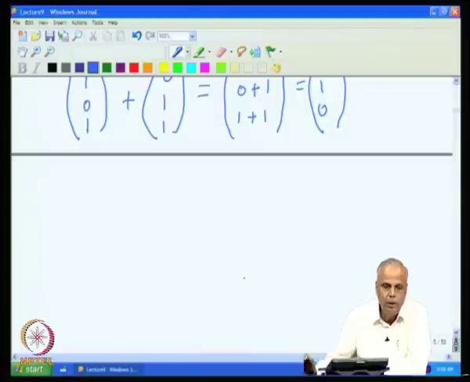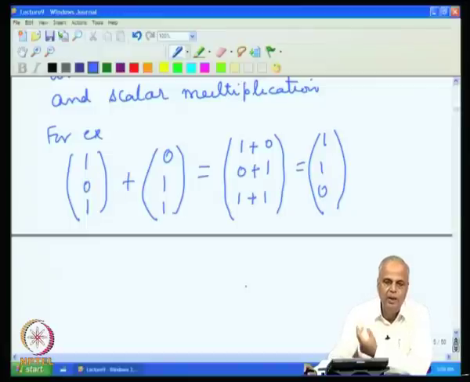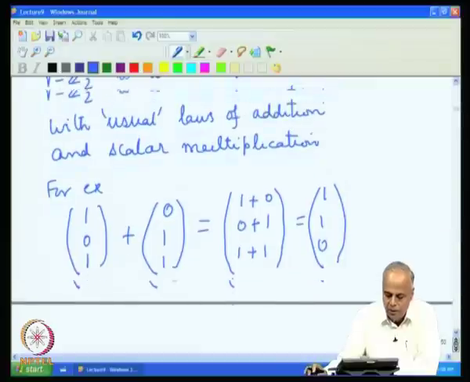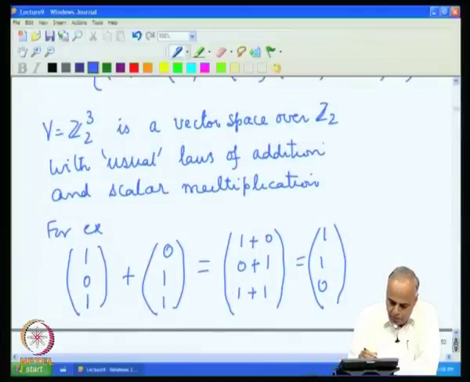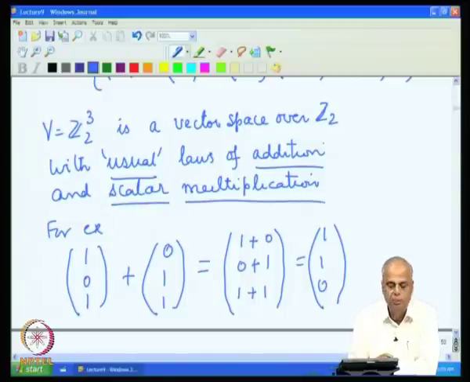Similarly, there are only two scalar multiplications possible, either multiplication by 0 or multiplication by 1, because the field has only two elements. When we multiply by 0, all the entries become 0. When we multiply by 1, all the entries remain the same. This is what is meant by saying that we are looking at usual laws of addition and scalar multiplication.